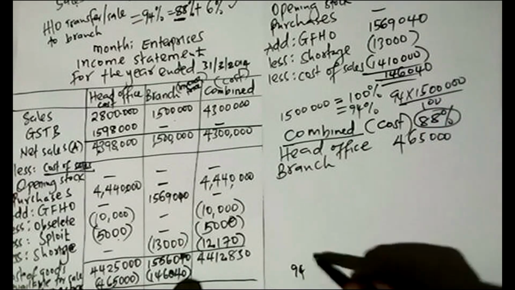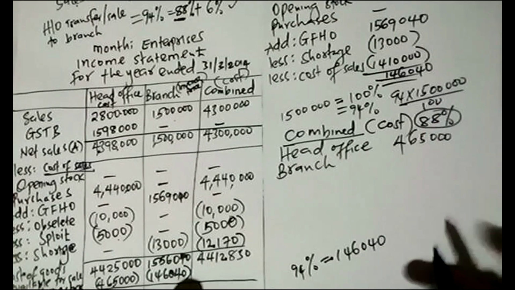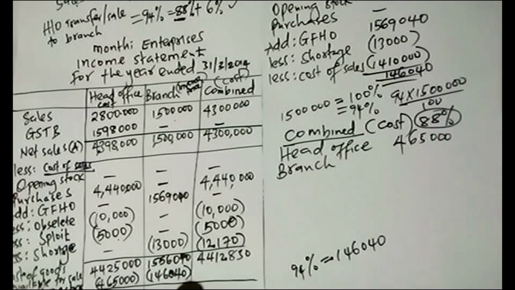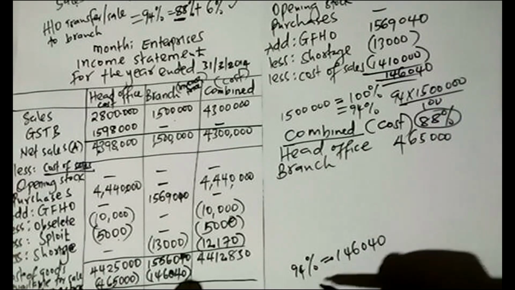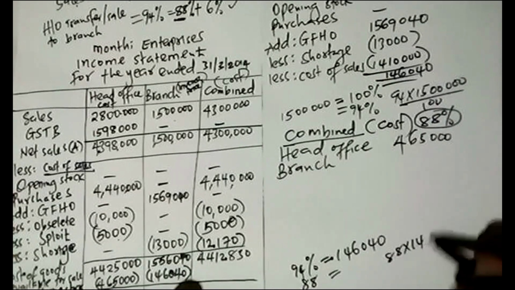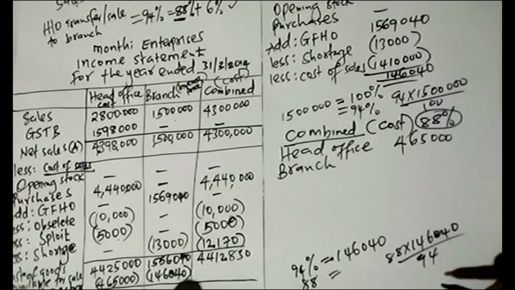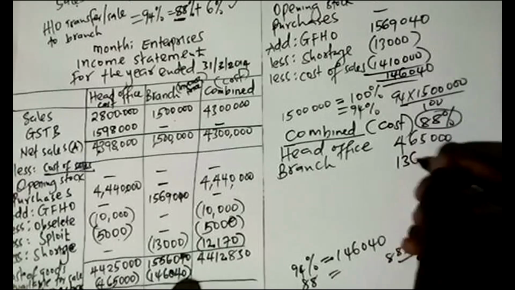So we cannot add direct. That is why I'm trying to do this working. So we need to get 88% of this. So 88 times 146,040, you divide by 94. So that one I am getting 136,718.